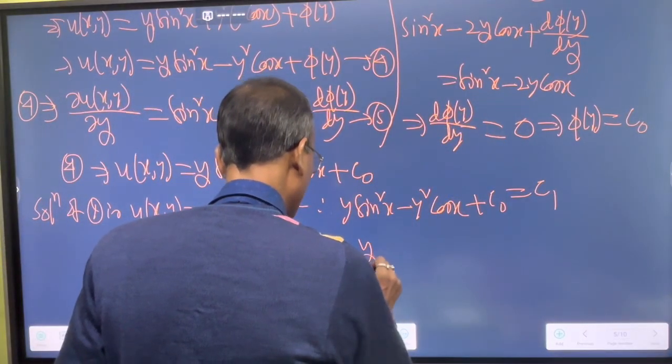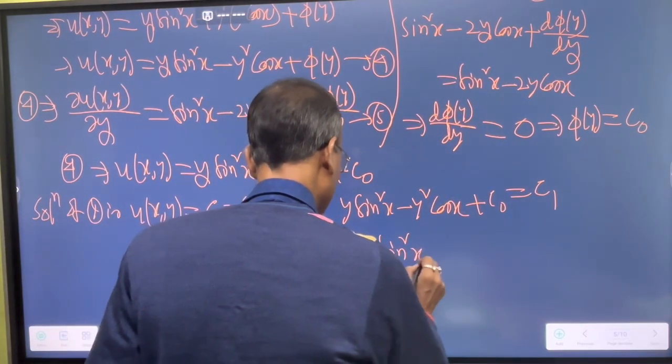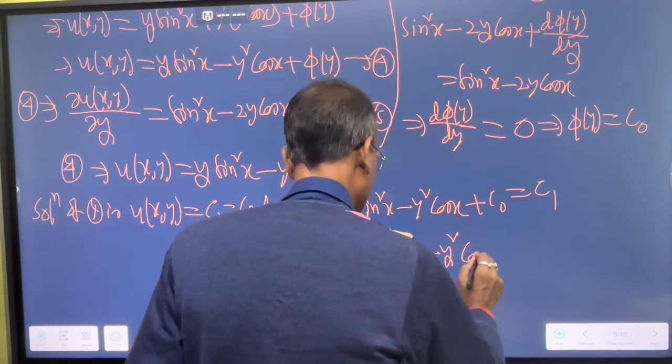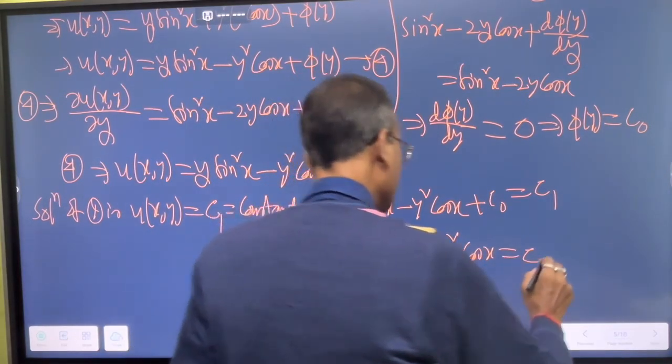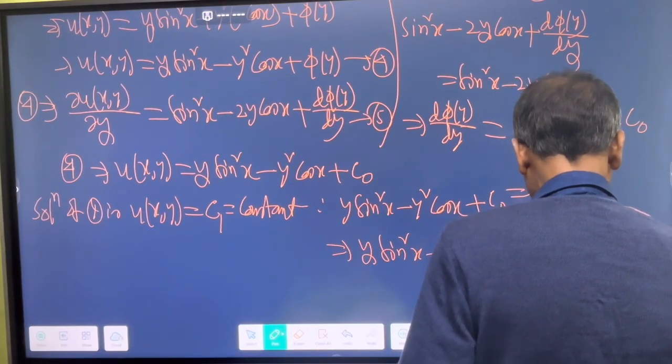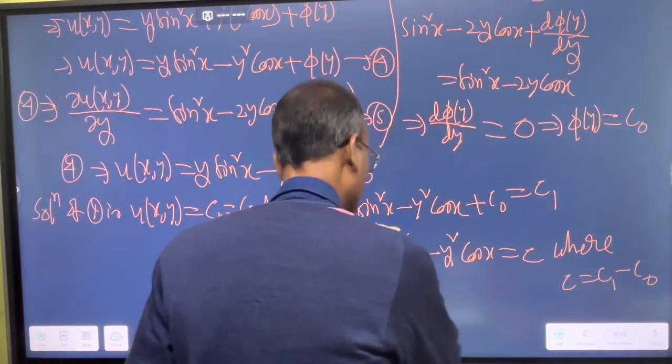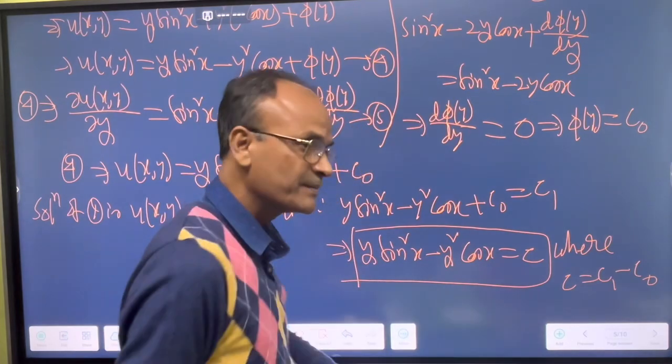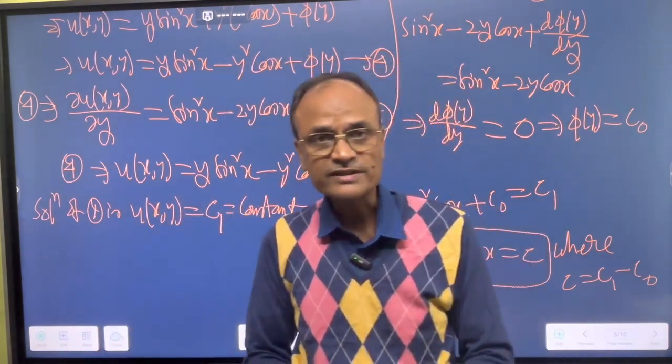This means y sin square x minus y square cos x equal to C, where C equal to C1 minus C naught. The solution of the differential equation is this.